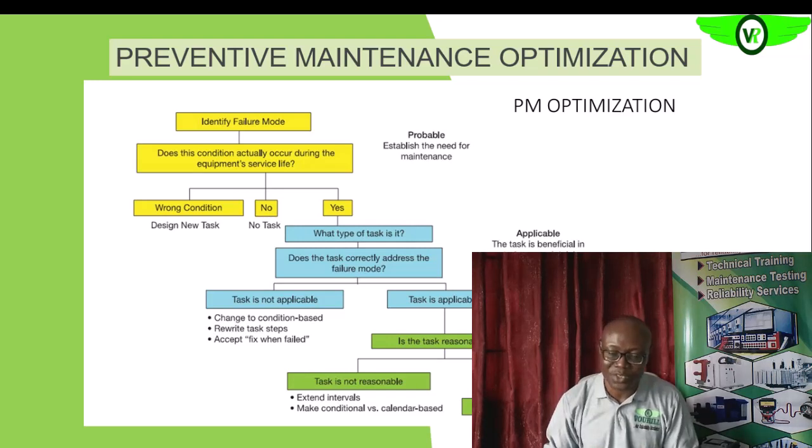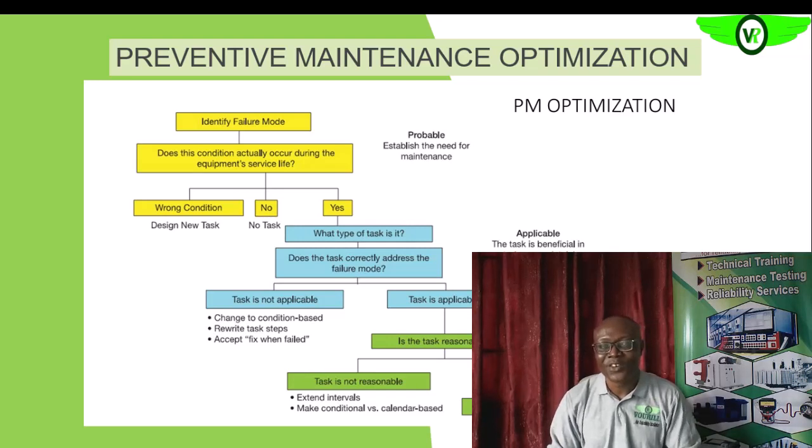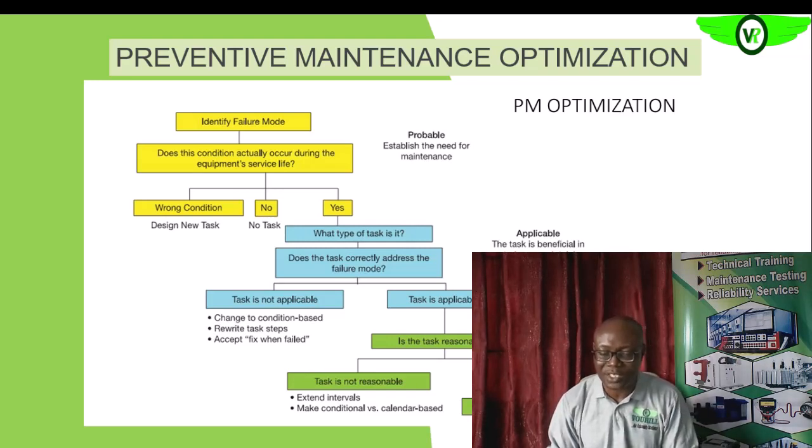So we want to ensure that those duplicated tasks, which even increase the maintenance costs, and also have the effect of creating problems, are reduced or eliminated, or we change the personnel that is taking them.